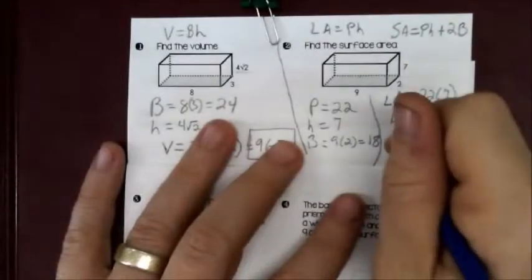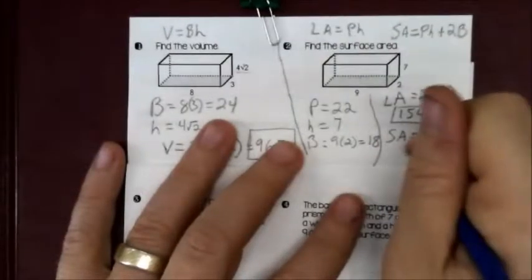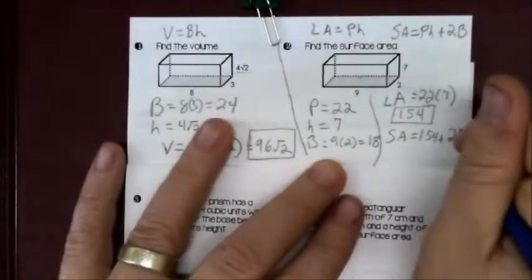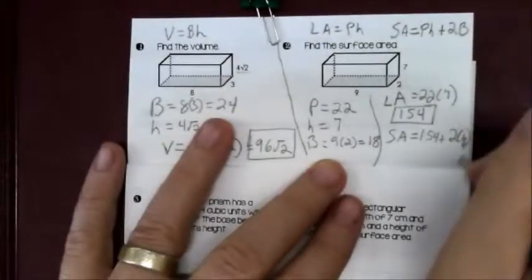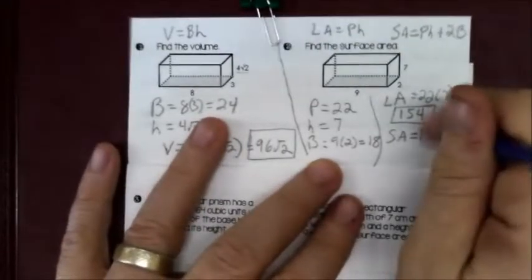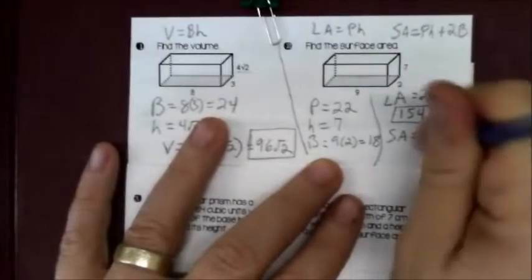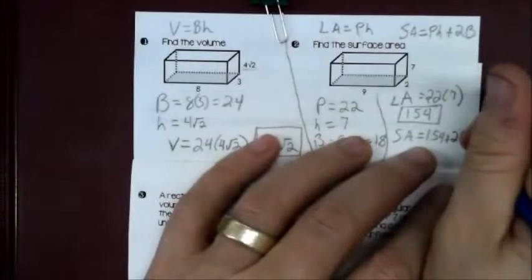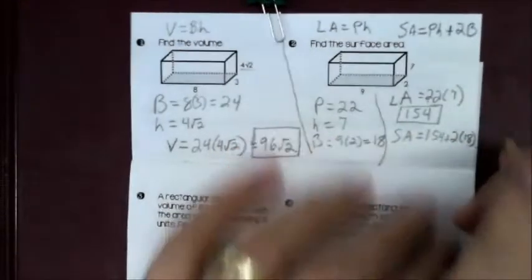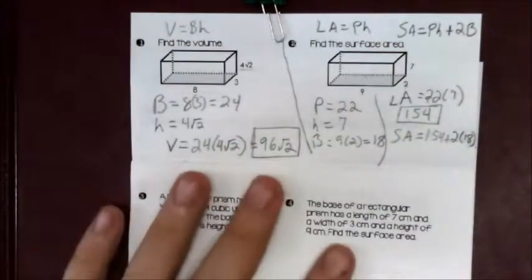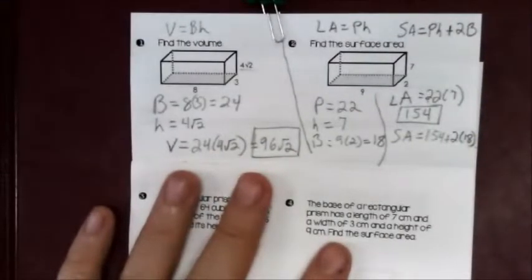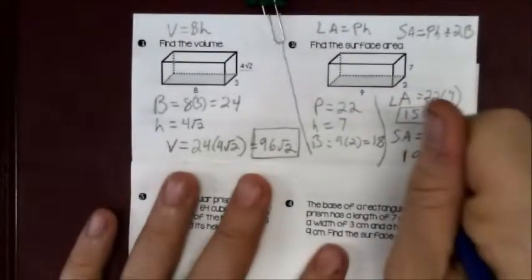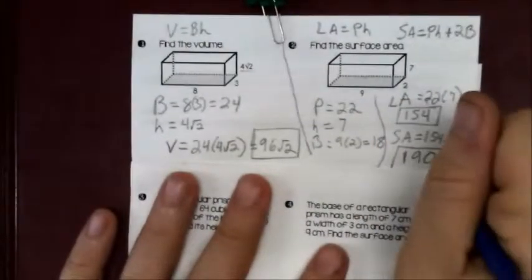And for my total surface area, that's going to be the 154 plus twice 18. And so I can go ahead and do that, 154 plus 2 times 18. And that's going to give me a surface area of 190.